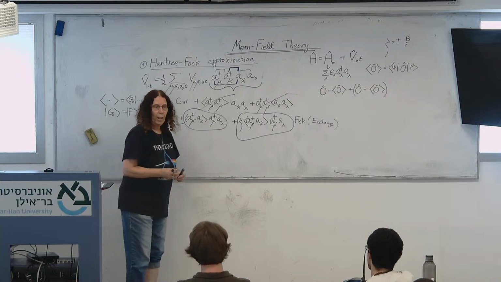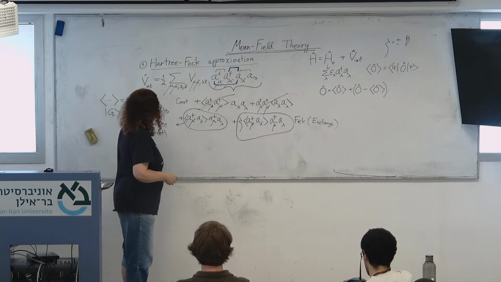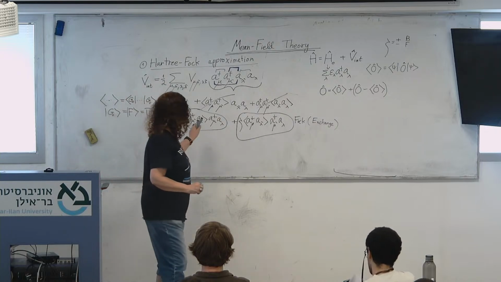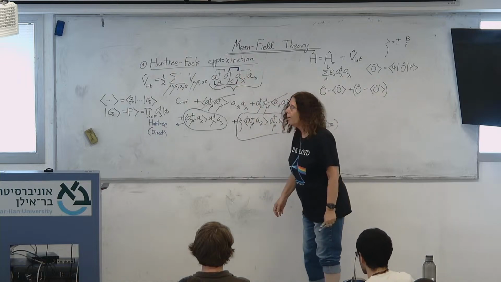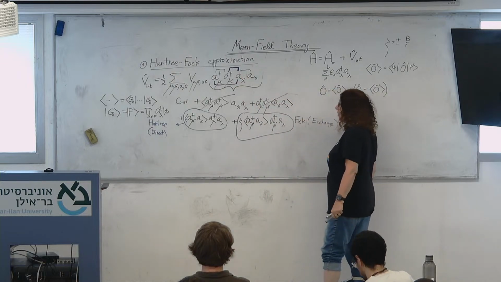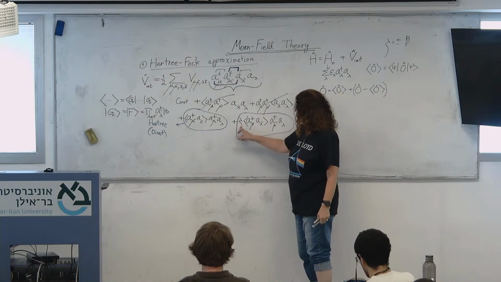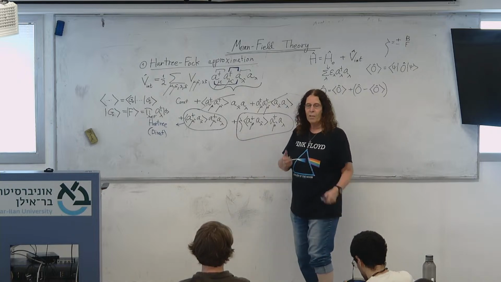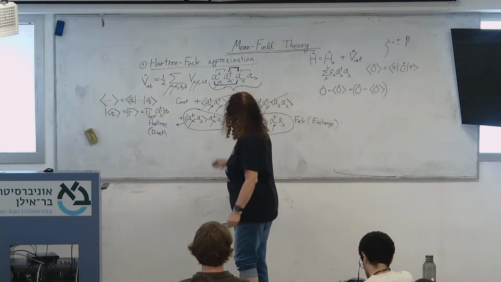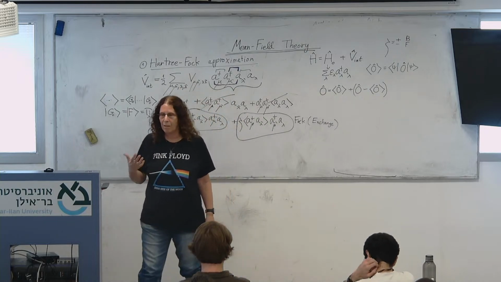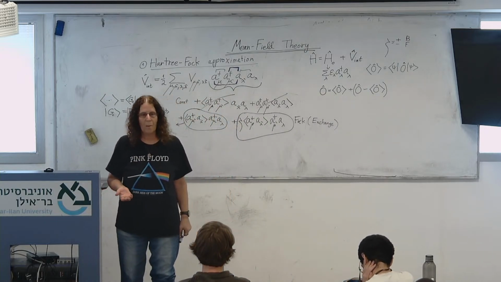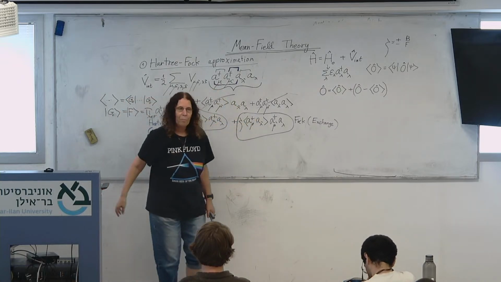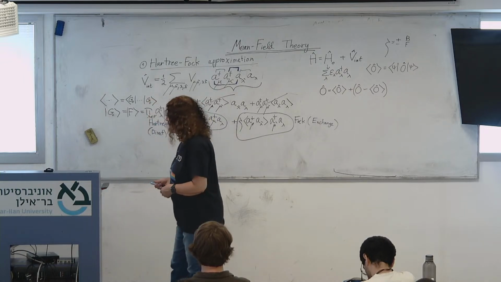Okay? And the interesting thing about it is, we'll see now a concrete example for using this. I mean, here the indices were completely general. We'll see now a concrete example, and for fermions, the Fock term has an opposite sign. So it always acts against the interaction. If the interaction given to you is repulsive, like Coulomb interaction is an example, the Fock part will tend to reduce it. Okay?